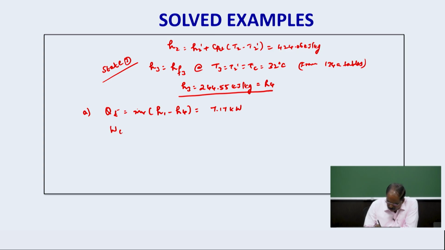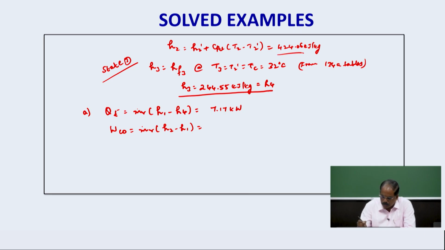Next, the work of compression, that is m dot r into H2 minus H1, since compression is process 1 to 2. The H2 was calculated towards the end of the previous lecture, so I have mentioned that value here also.